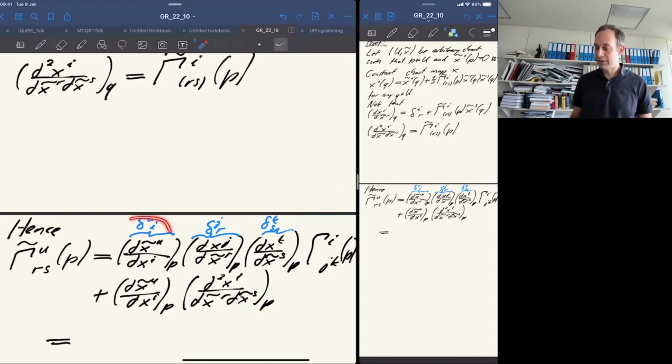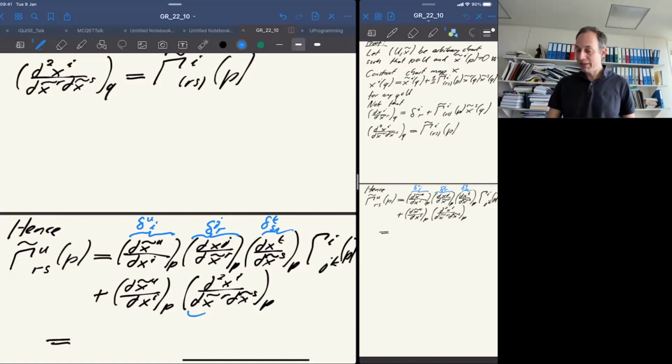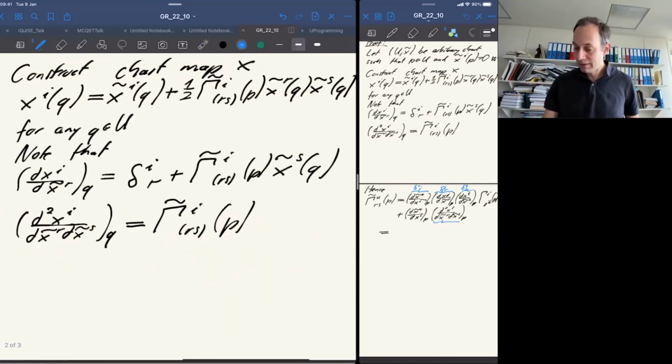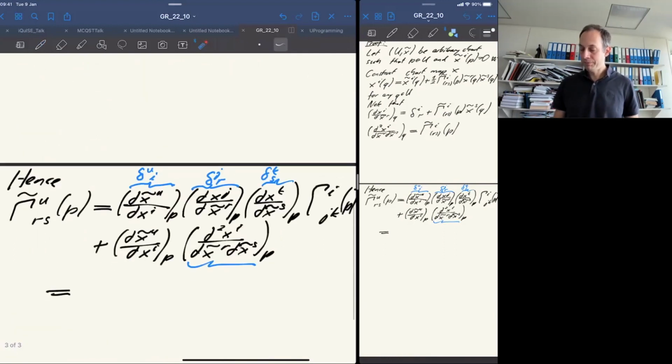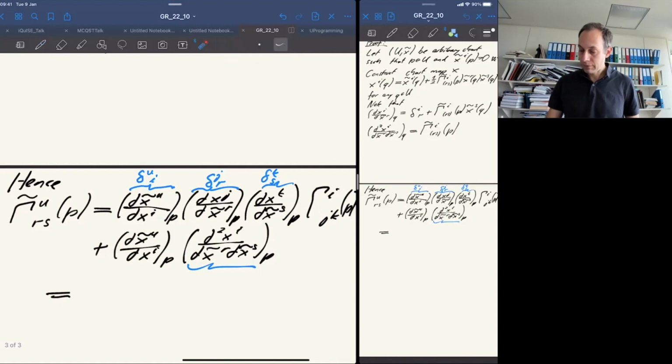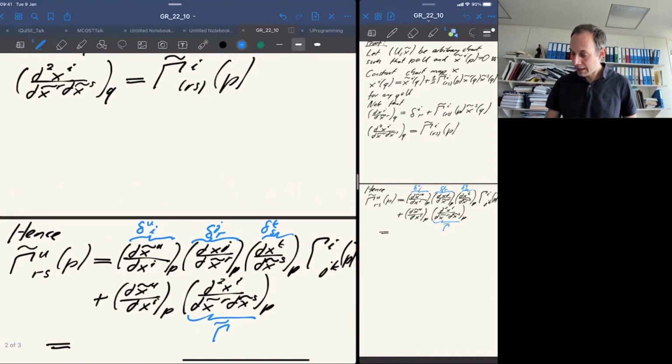That's the same as this. And this term here is the one we also calculated. That's just gamma tilde at P with the coefficients I and symmetrized RS.